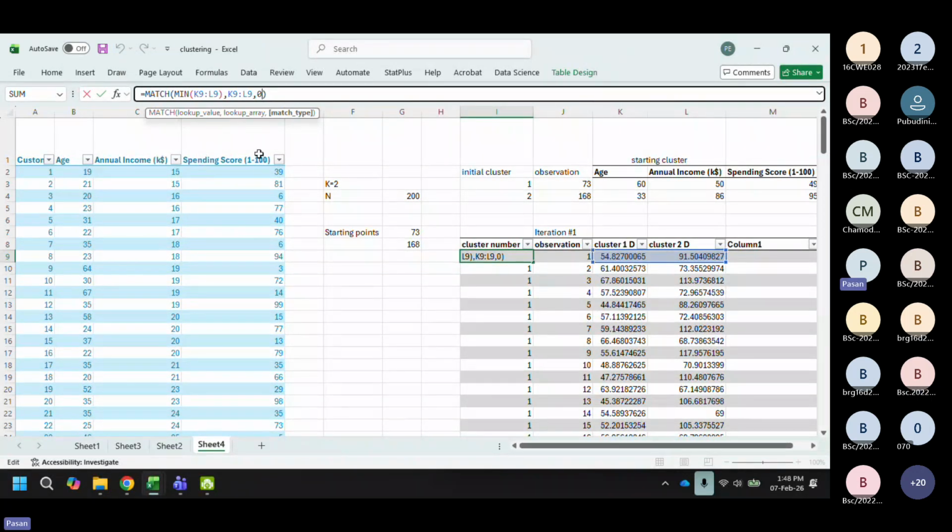So we are taking the minimum value, right? And K9 to L9, that is looking at these two, and the matching means that we are taking the observation ID, right?